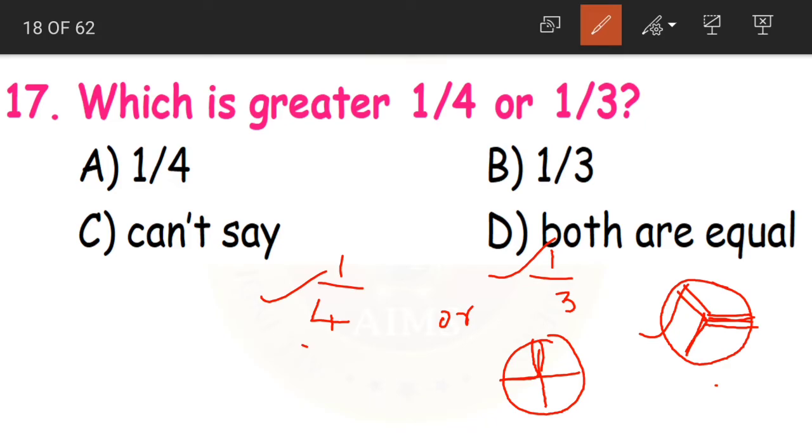Okay, see, if you take a piece of chocolate and divide it into 2 parts, okay. If you divide it into 3 parts, you will get still lesser chocolate. If you divide it into 4 parts, you will get again a lesser chocolate. So the more parts you keep dividing, the quantity keeps decreasing.